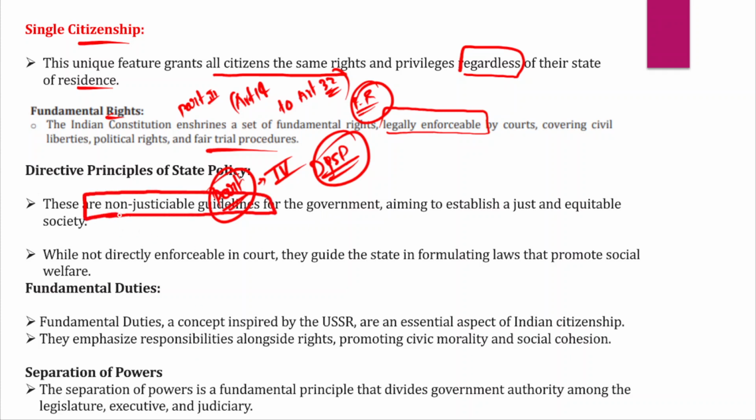That essentially means that if these rights are violated, you cannot approach the courts for their enforcement. They are considered fundamental principles for the government to consider whenever they are framing laws aiming to establish a just and equitable society. However, they are not directly enforceable by the court.